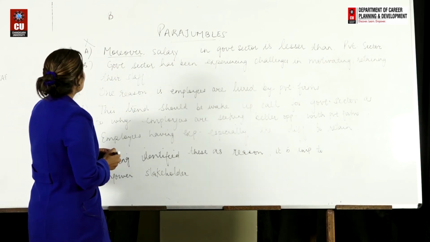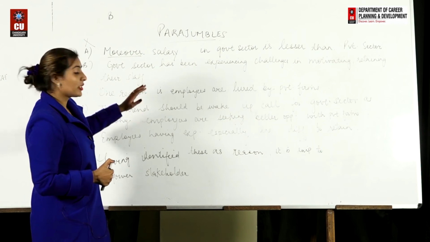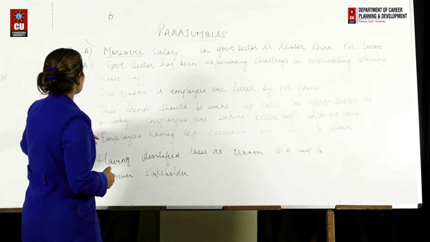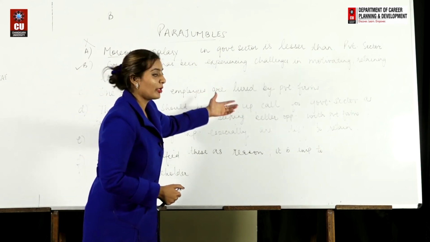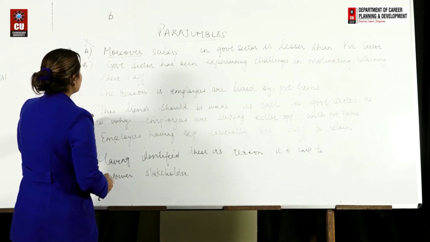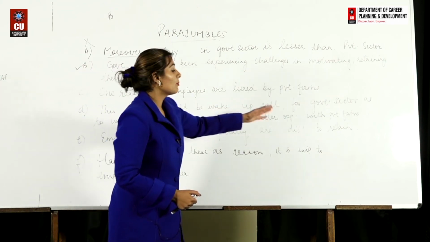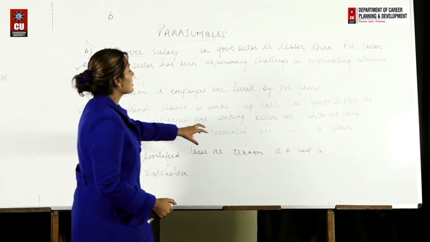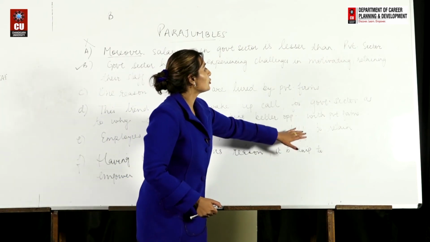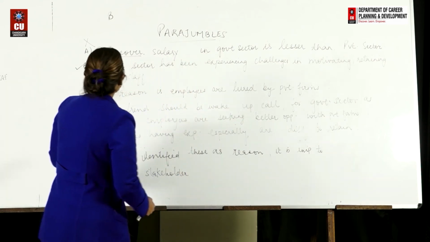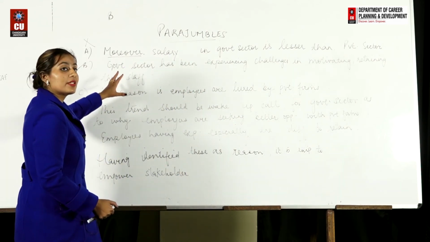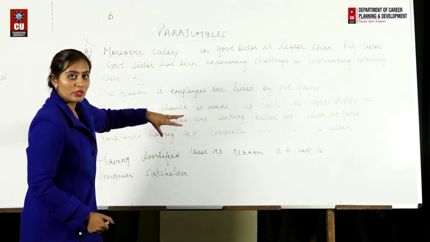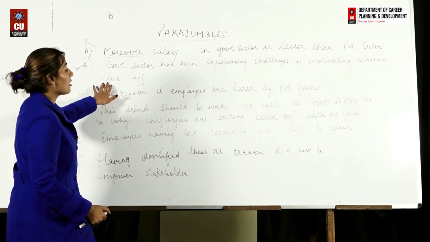Okay. Now they are having challenges in motivating their staff. Now what is happening for them? One reason is employees are lured by private firms. Okay. This trend should be wake-up call for government sector. Alright. Employees having experience especially are difficult to retain. Now, they are saying the government sector is experiencing challenges in motivating, retaining their staff.